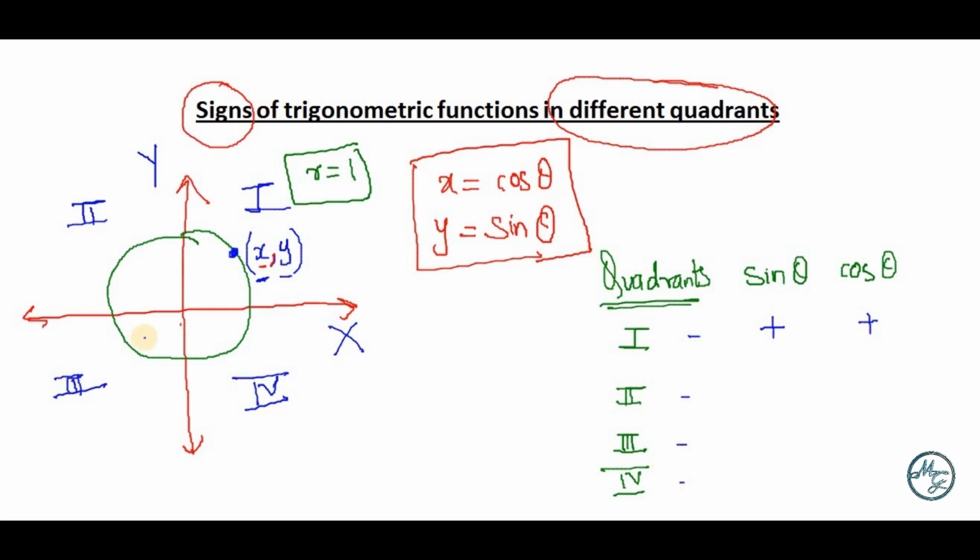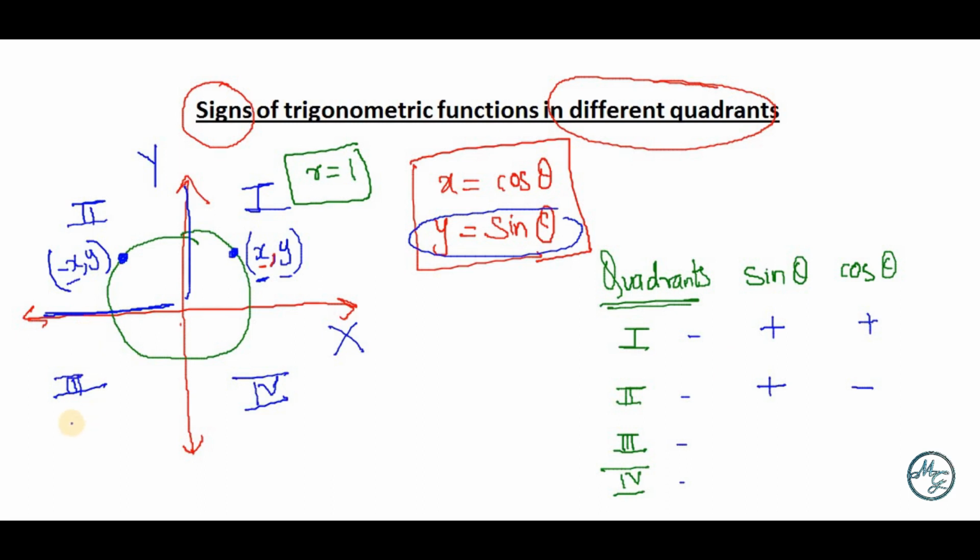When we move to the second quadrant over here, you see this is negative x-axis, positive x-axis. The point in the second quadrant will be minus x comma y. Minus x means minus cos theta, so in second quadrant, cos theta is negative. Y is positive. What is y? Y is sin theta, so sin theta is positive.